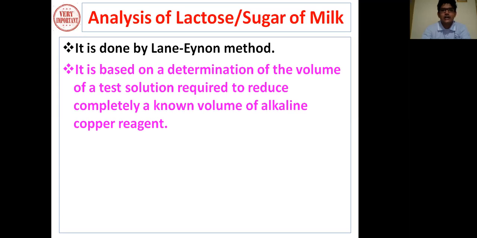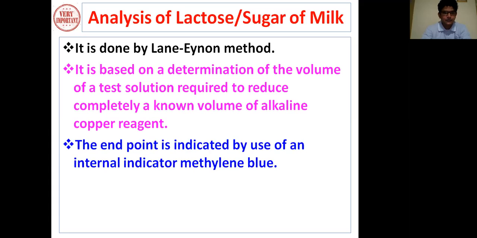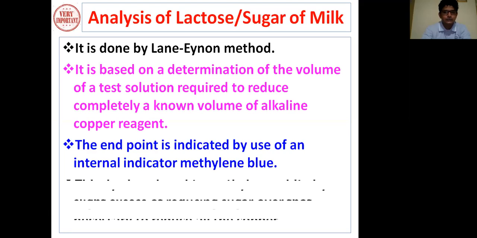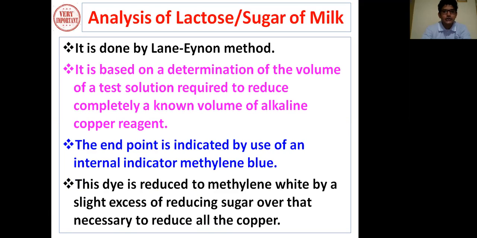It is based on determination of the volume of a test solution required to reduce completely a known volume of alkaline copper reagent. The endpoint is indicated by use of an internal indicator, methylene blue. This dye is reduced to methylene white by a slight excess of reducing sugar over that necessary to reduce all the copper.